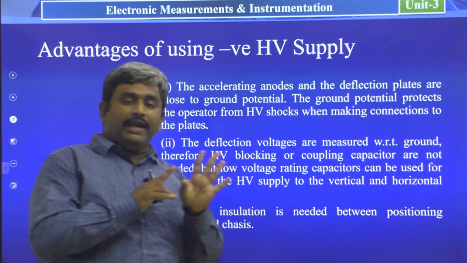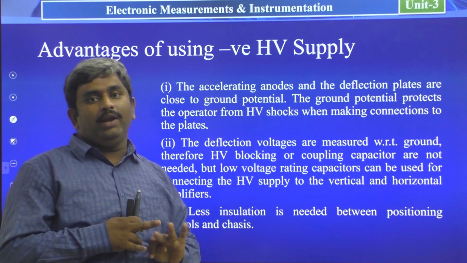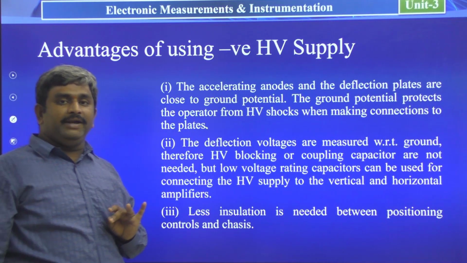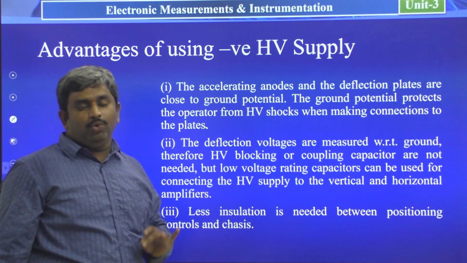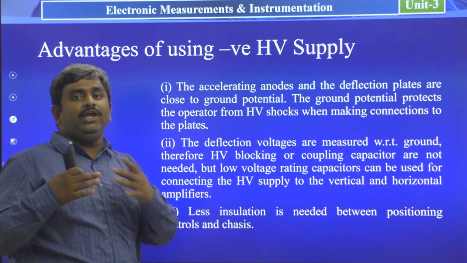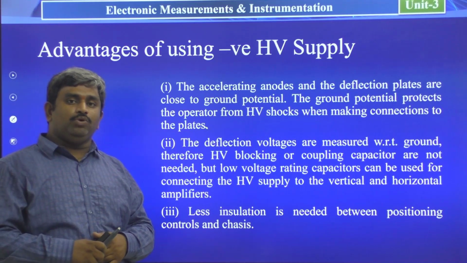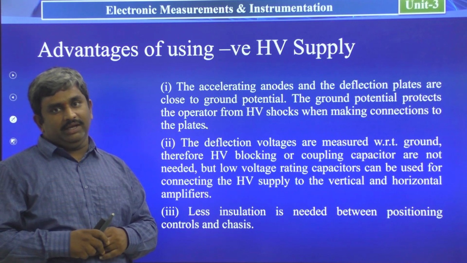So we know that the accelerating anode 3, pre-accelerating anode 1 and focusing anode 2, these three are completely utilizing the negative supply. Particularly anode 2 and anode 3 are consuming a high amount of voltage. When it is consuming a high amount of voltage, we have to protect the complete circuitry.